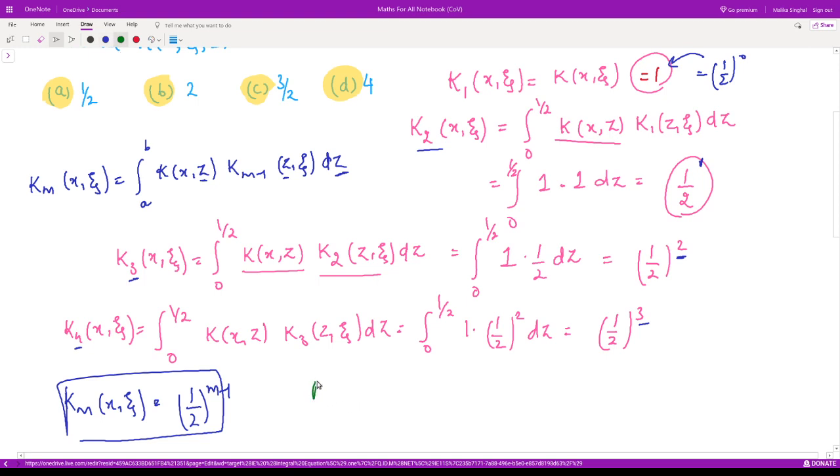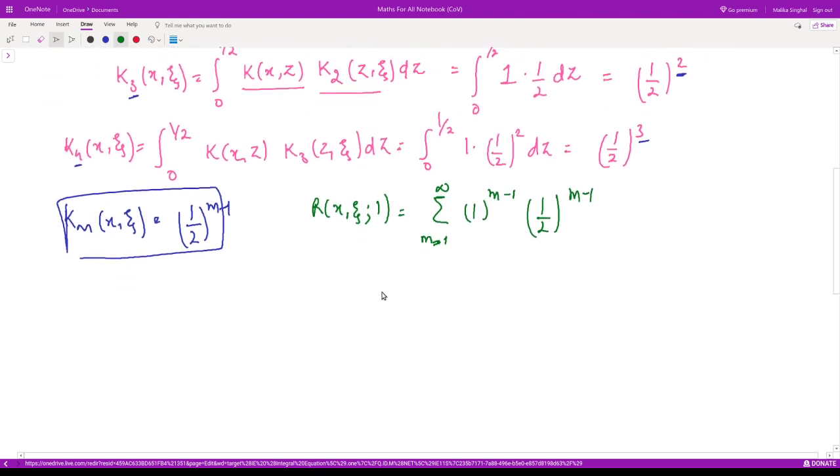So what is the value of resolvent kernel R(x, xi; 1)? This is equal to summation, m varies from 1 to infinity, of 1 raised to power m minus 1, which is simply 1, times 1 by 2 raised to power m minus 1. So let us solve this. When I put m equal to 1, it would be 1 plus 1 by 2 plus 1 by 2 raised to power 2 plus 1 by 2 raised to power 3 and so on.